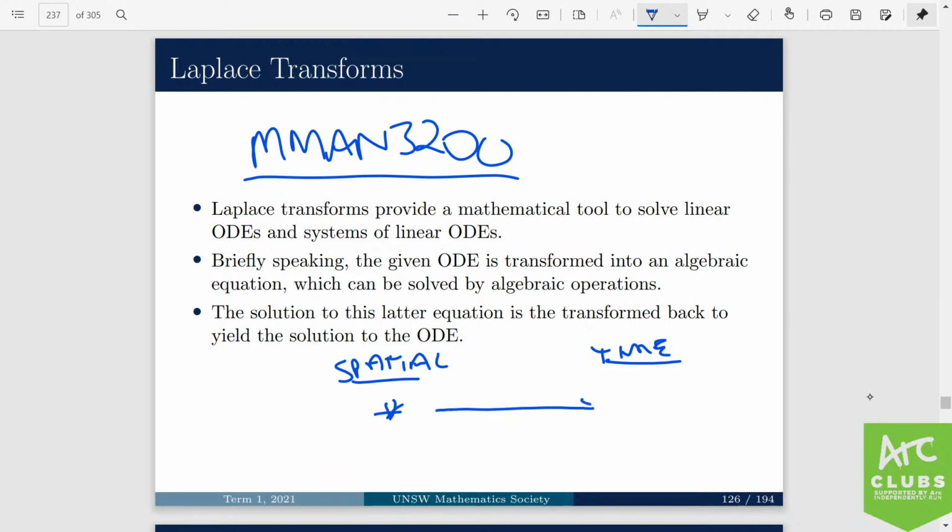Then we use our Laplace transform and take it into the time domain, and in the time domain, we solve it. Because here we can use algebraic expressions to solve it, whereas in the spatial domain it's a lot more difficult. Then we take our inverse Laplace transform to bring it back to the spatial domain, and this is our answer. That's basically what we're doing with this whole topic: we find something that's really difficult to solve, bring it over, solve it in the time domain, then bring it back, and that's our answer.